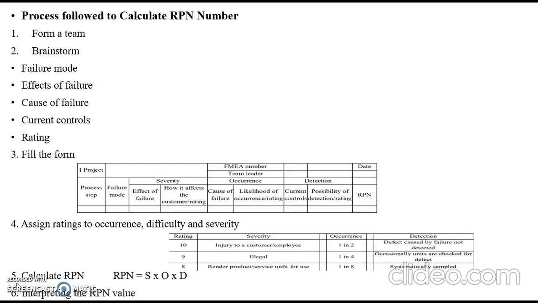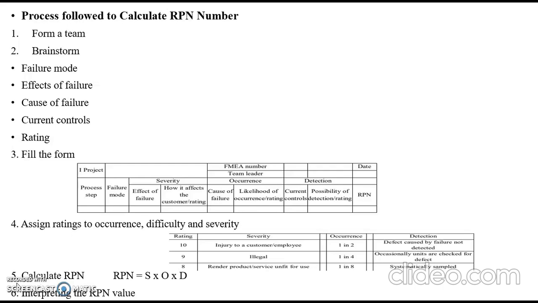The equation for RPN is S into O into D, where S is severity, O is occurrence, and D is detection. This is the process followed to calculate the RPN number.